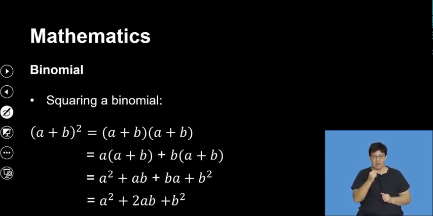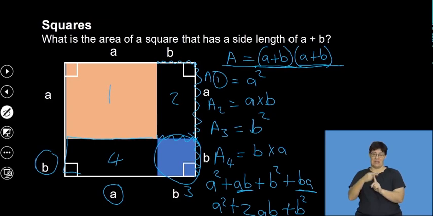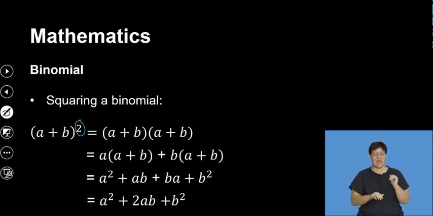To square a binomial simply means you are multiplying that binomial by itself. Remember, I said when we started, it's a plus b multiplied by a plus b. So that means it's a plus b all squared. And to multiply that, remember, you still use the distributive law.